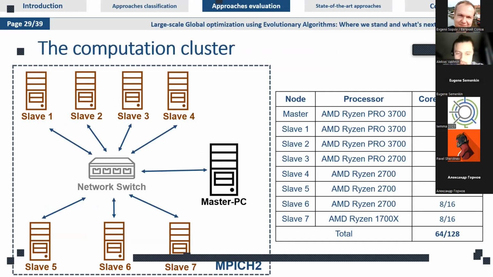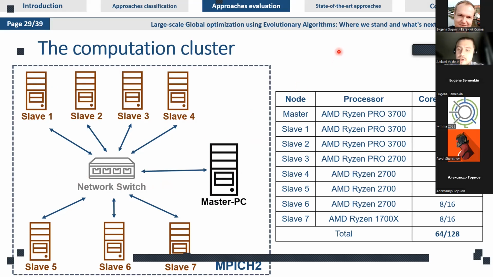In our studies, we have a computational cluster which consists of 8 computers: one main computer, like a master PC, and 7 other computers. We run the algorithm on the master PC, and the master PC via a network switch sends individual tasks to the other computers.